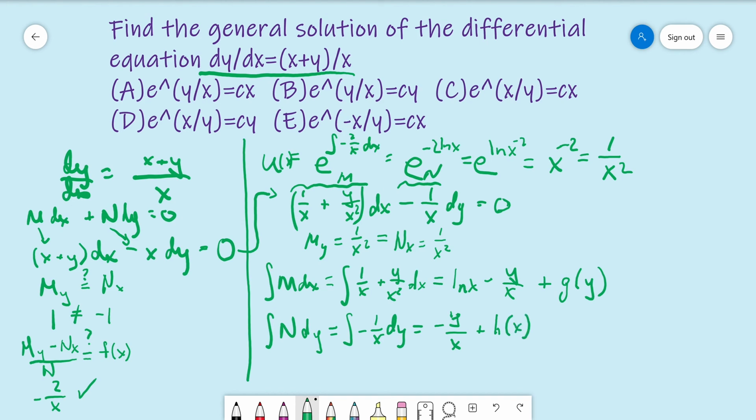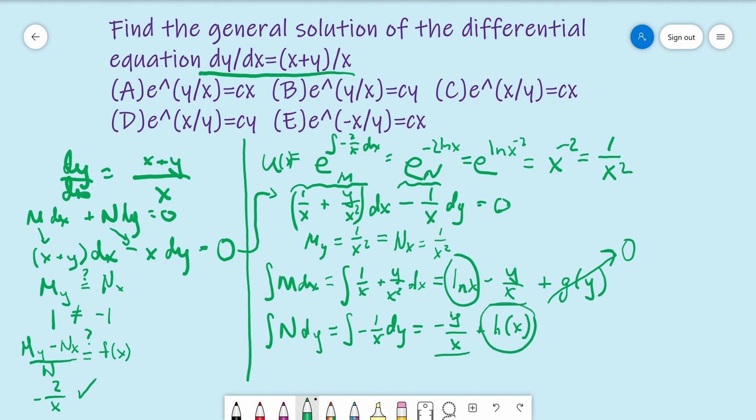So now we see that negative y over x appears in both of these integrals, and there is no other function of y in the second integral, so this g of y, we're going to just say that's 0, and then we're going to say that log of x is h of x.